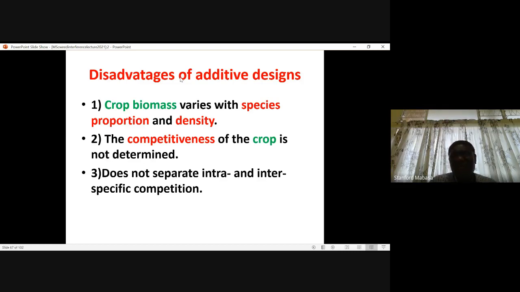But you can actually use it. Let's say you've got different varieties or different genotypes of the same crop. You can use one weed to vary the density and try to estimate the weed control threshold for each variety.